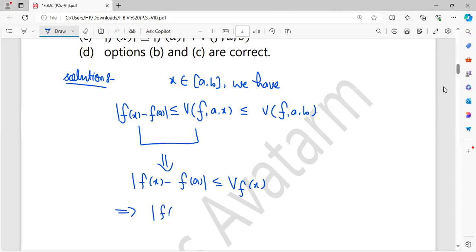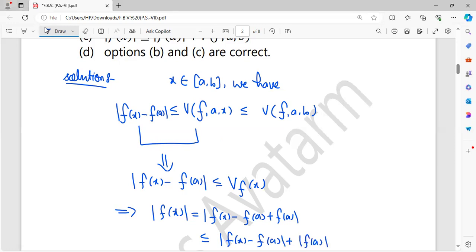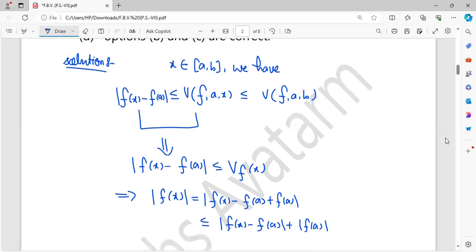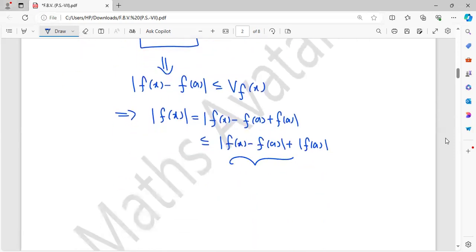This implies |f(x)| is less than, I will add and subtract f(a), so |f(x) - f(a) + f(a)| is less than |f(x) - f(a)| plus |f(a)|. But this is less than Vf(x), so this is less than Vf(x) plus |f(a)|.